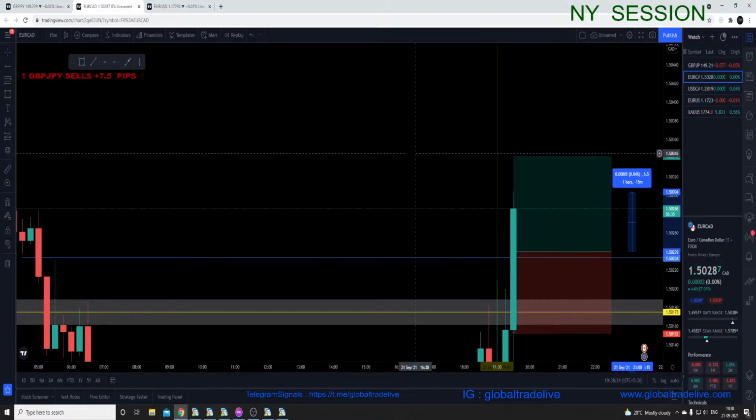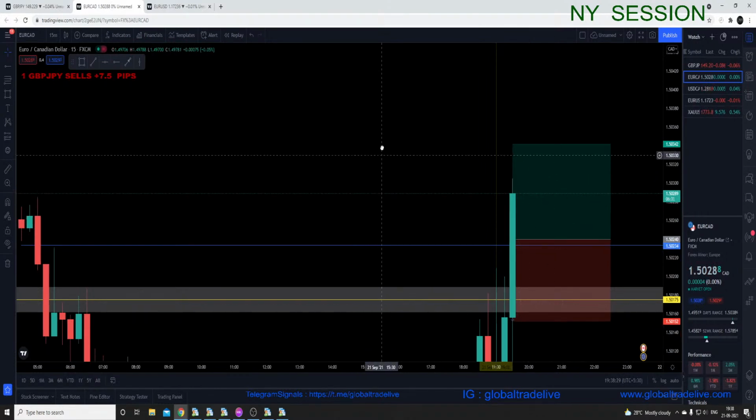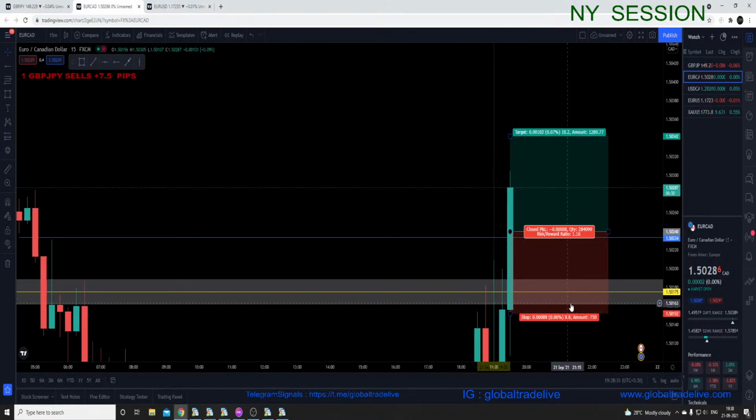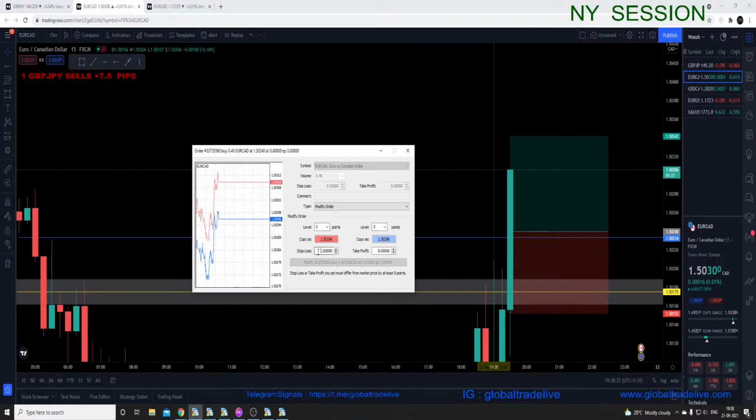So it went almost 6.5 pips. If it comes back to the entry level, I'm gonna close half. Stops are around 8.8 pips, 1.50152. Oh, it just tapped 8.4 pips right now.